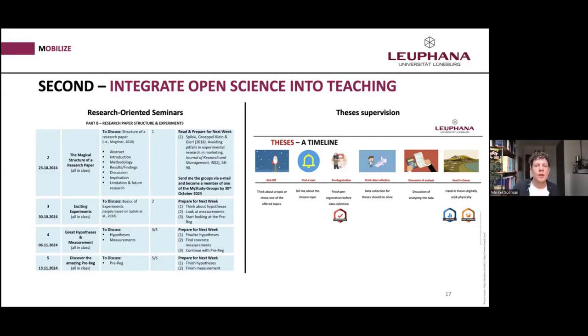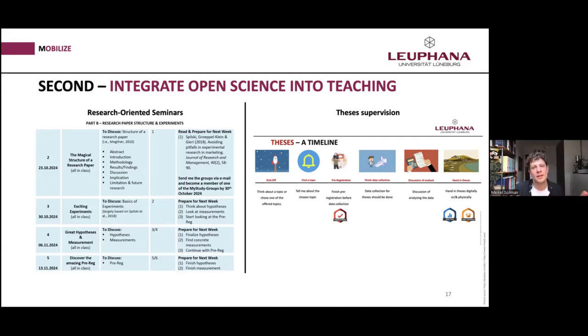And another thing where I apply open science practices is in my guidance of theses. So, for example, if students write a bachelor thesis or master thesis, there usually is a kickoff. Then they find a topic that they're interested in. And from that point on, they need to bring in the pre-registration, digitally at least, and then fill that in subsequently.